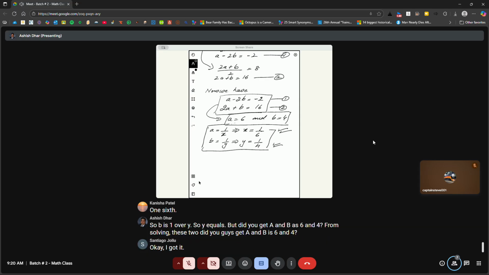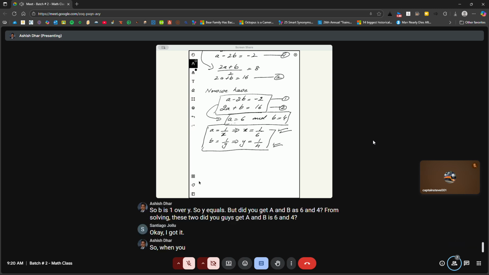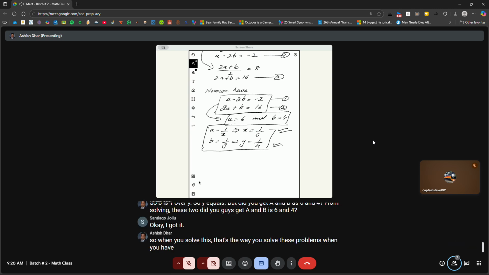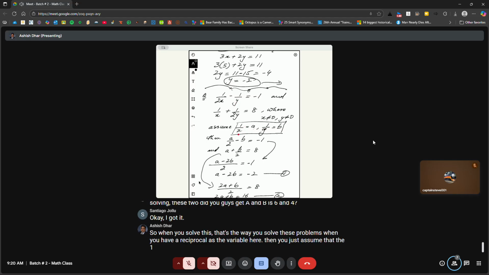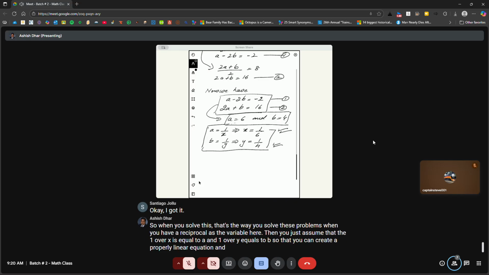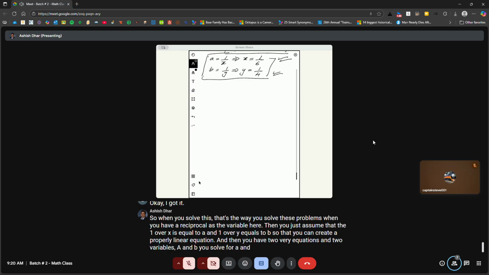Yeah, I got it. So when you solve this, that's the way you solve these problems. When you have a reciprocal as a variable here, then you just assume that 1 over x is equal to a and 1 over y equals b, so that you can create a proper linear equation. And then you have two equations and two variables, a and b. You solve for a and b, take the reciprocal and solve it. You followed?